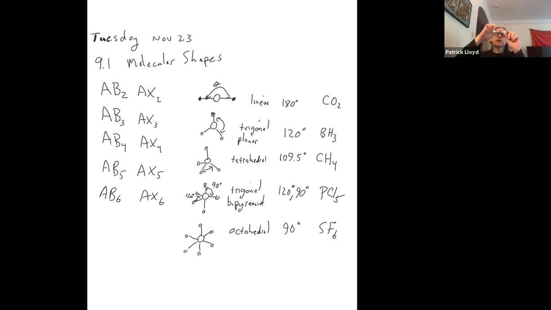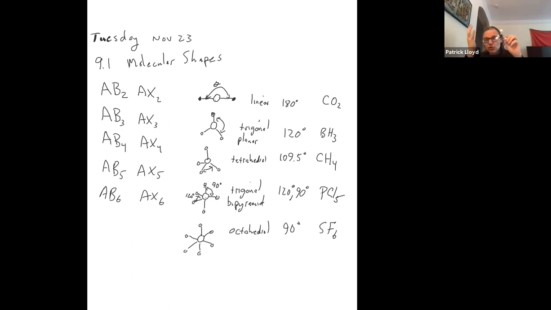AB2, straight line, 180 degrees going from here to here. There's your linear. Trigonal planar looks something like this. So central atom, 3 surrounding atoms, 120. And if you think about it, 120, 240, 360, a whole circle is 360. So BH3.